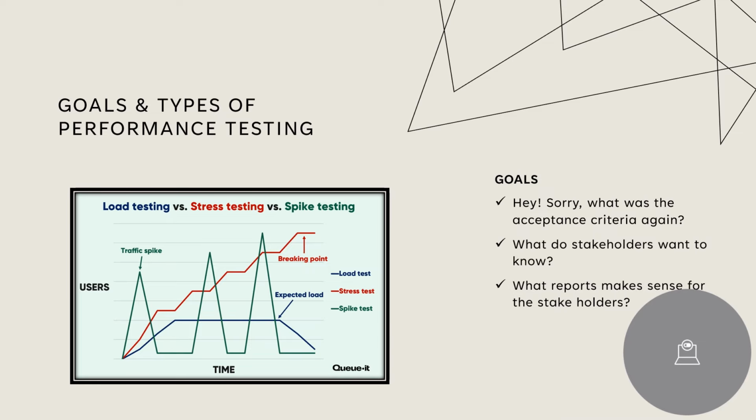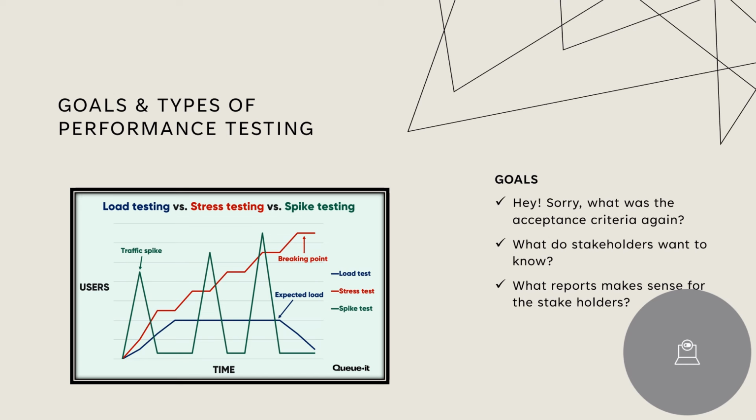In the previous slide, we have seen different types of testing. This is a continuation from the previous slide. So let us focus on the graph which is shown here. On the x-axis, we can see the timeline, and on the y-axis we can see the number of users. There is a graph plotted for the traffic in correspondence with the timeline.